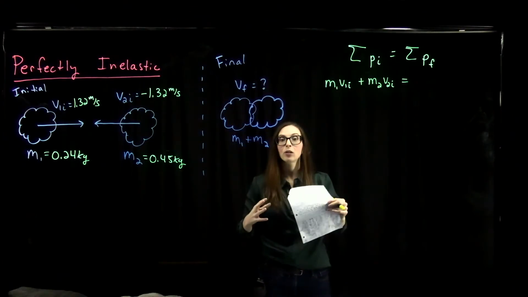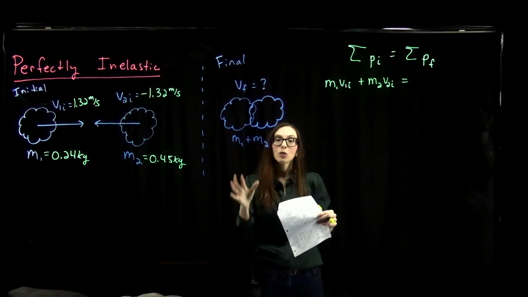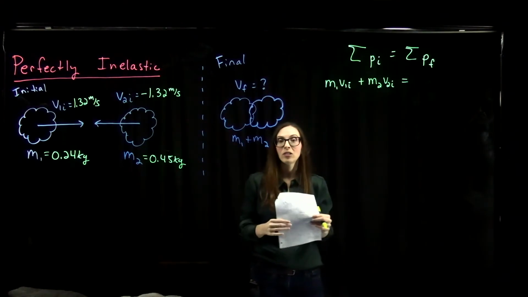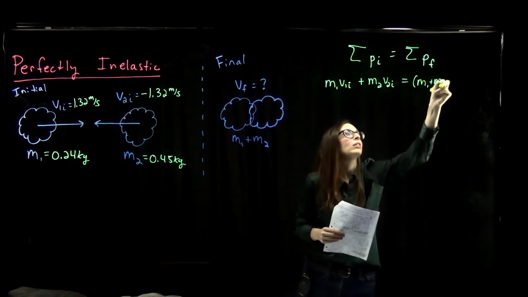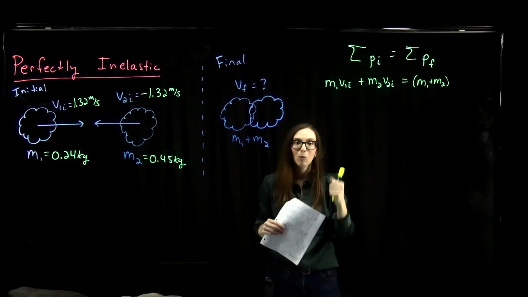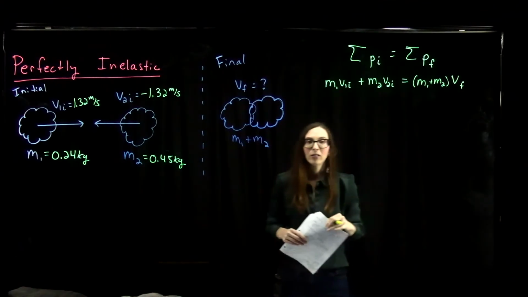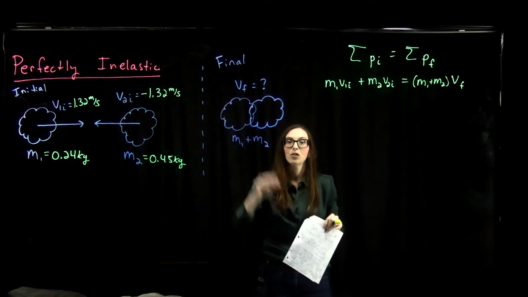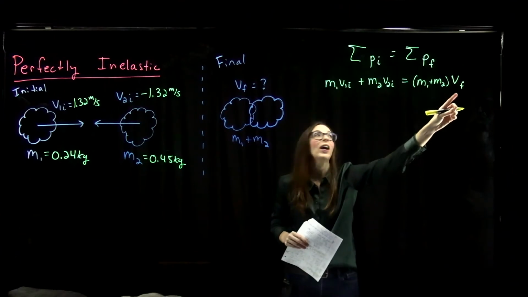Those masses are going to smush together and become one object, and they're going to move as one object. So now the mass times the velocity, that mass is going to be the sum of both of their masses, because they have smushed together to become one new object, times the final velocity after the collision of this new mass. So all we have to do now is solve for V final here.